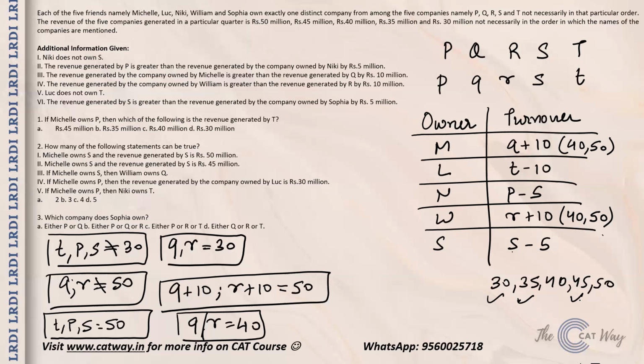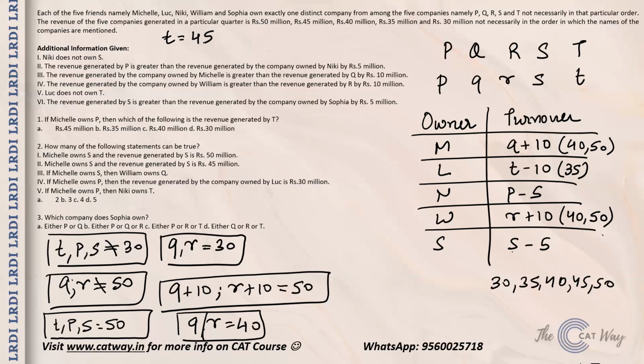So that case is gone. Similarly, if t minus 10 is equal to 45, that is again not possible. Why? Because in that case t will become 55. So for the value of t minus 10, the only possibility is 35. And one thing that is clear is that the value of t is certain to be equal to 45.